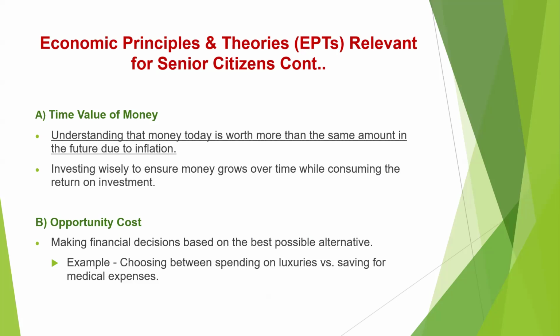Then opportunity cost. We have to consider the opportunities as well. When it comes to making expenditure, it is luxury versus saving for medical expenses. There are certain opportunities, but before we spend on luxuries, we have to think about our priorities. So that is what I meant here.